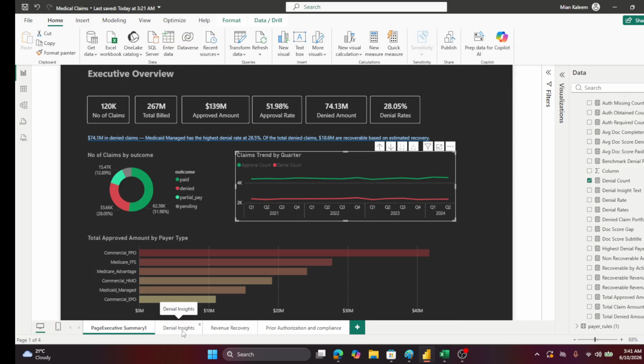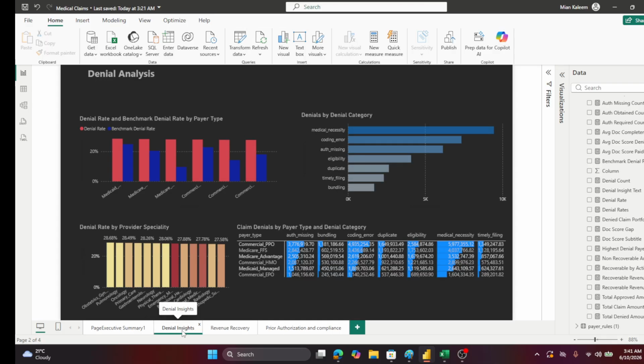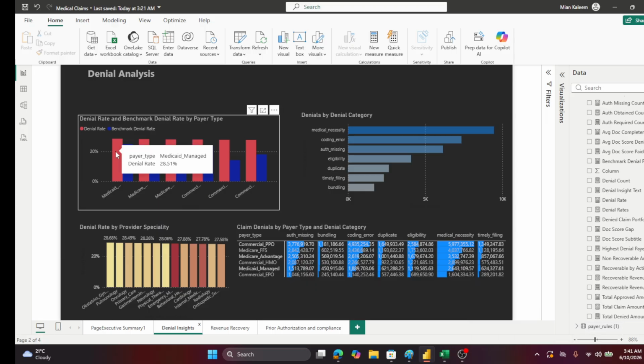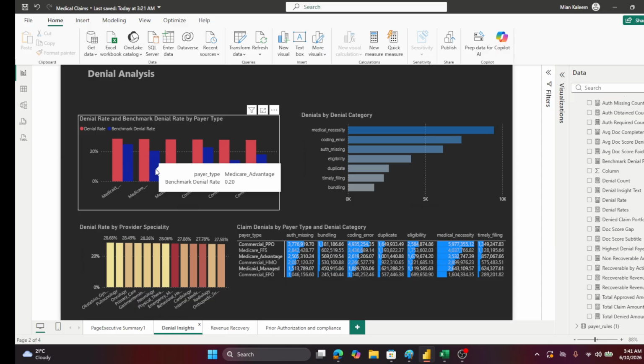So denial insights. Why were the claims denied? Denial rate and benchmark. These are the denial rates by the company. Medicare manages 28.51 and so on. There are slight differences in the denial rate, and then there is a benchmark for every payer type.